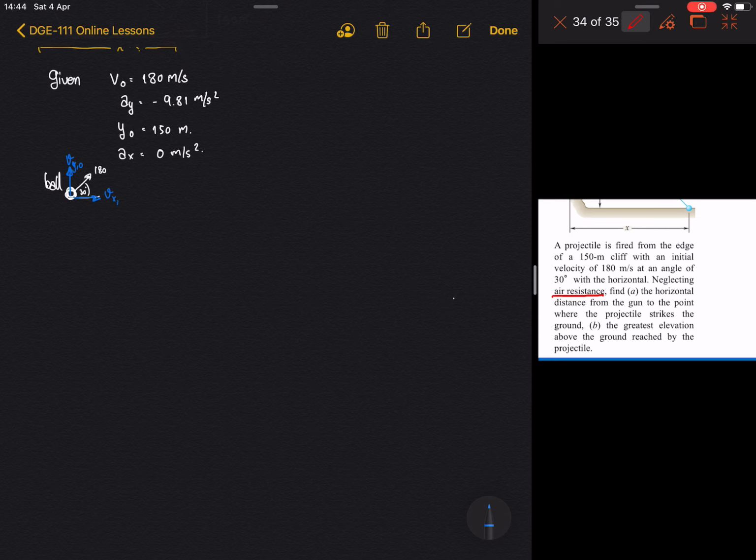So vy0 is equal to v0 sine 30. This is 180 sine 30 degrees, which is equal to 90 meters per second, and vx0 is equal to v0 cos 30. 180 cos 30 is equal to 155.9 meters per second.